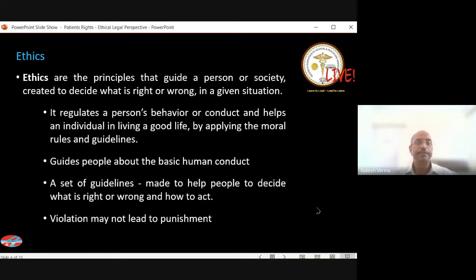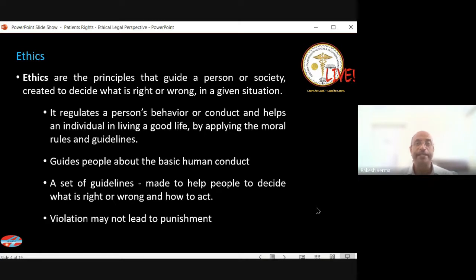So ethics are the principles that guide a person or a society, created to decide what is right or wrong. If you have attended sessions on ethics, morals and laws, you can recall that ethics is something that applies at the level of society.